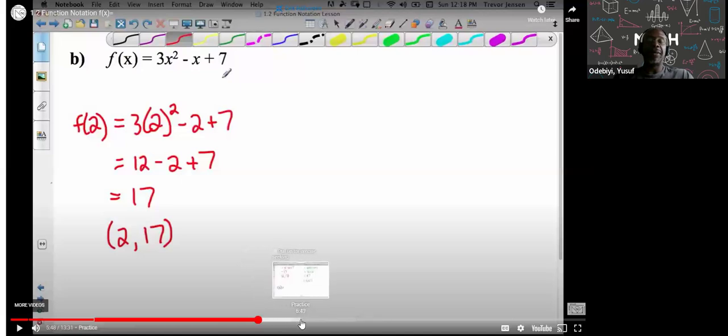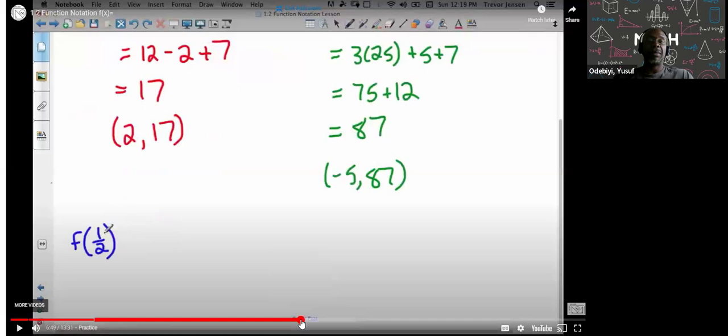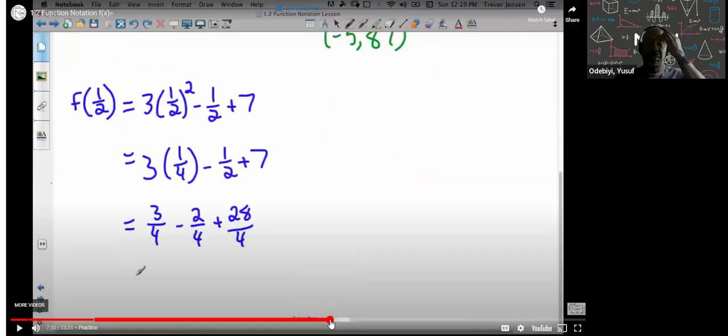We can skip all that. Sort of the same process. The only thing is you may have questions with the half, right? So you have to learn how to use your fractions. That's what you would have to worry about over there.